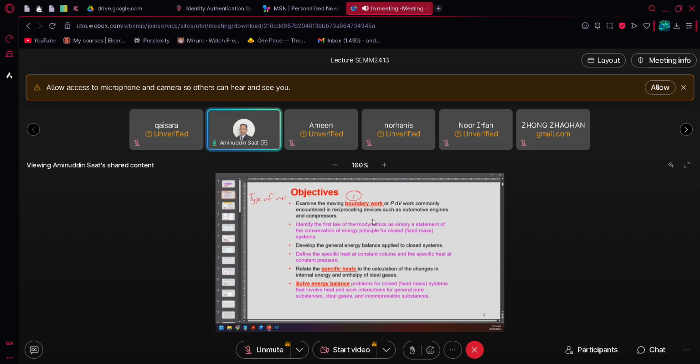If you still remember, we learned about electrical work, spring work, and shaft work, which may be related to the paddle wheel or to the propeller.